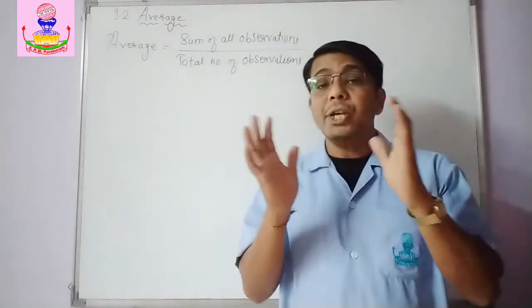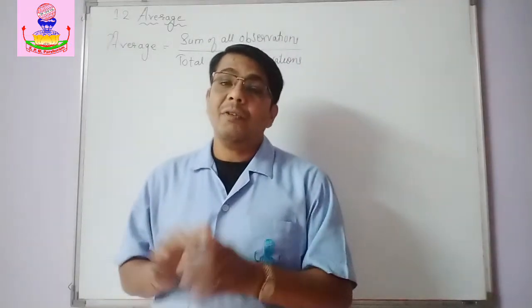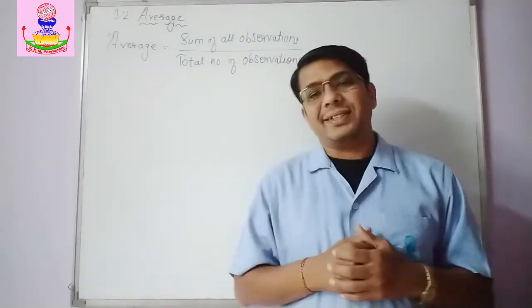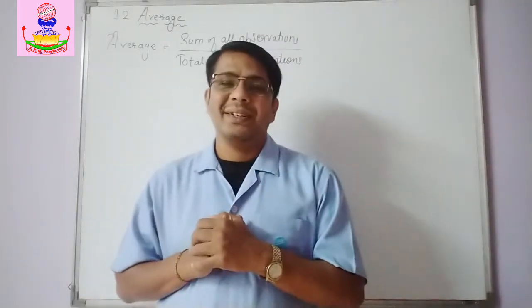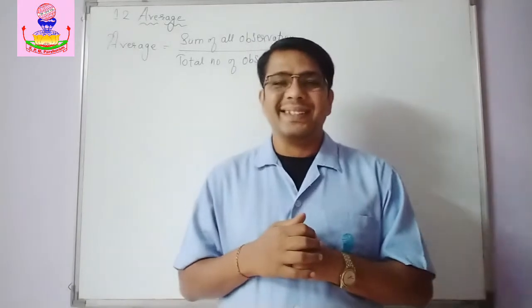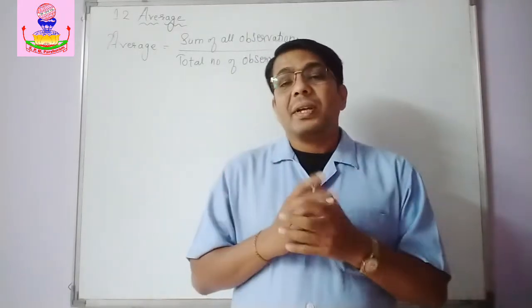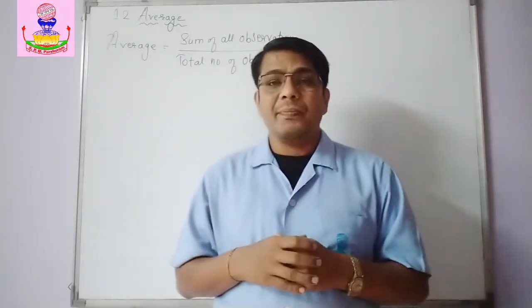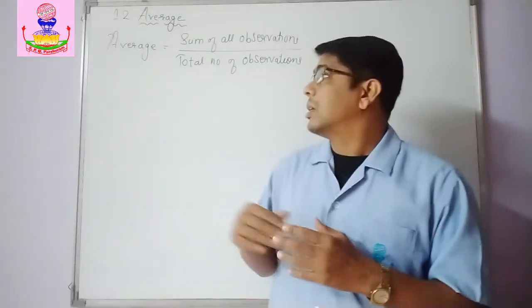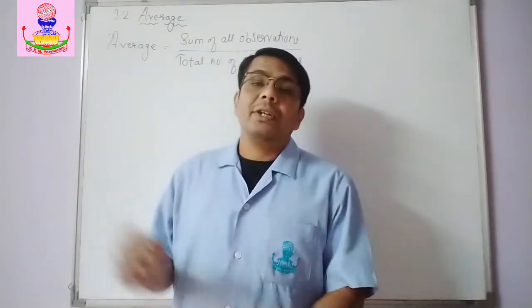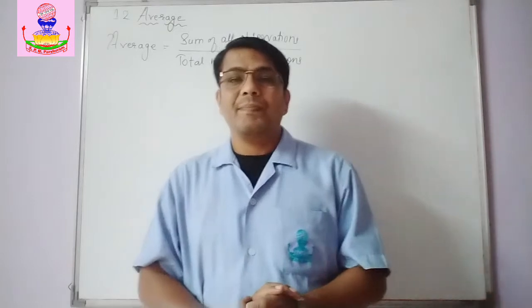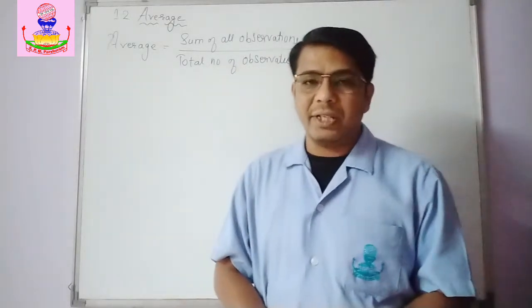But the average of all the 30 days of May was 40 degrees Celsius. So this average we have studied, and some important points related to this we are going to study here.